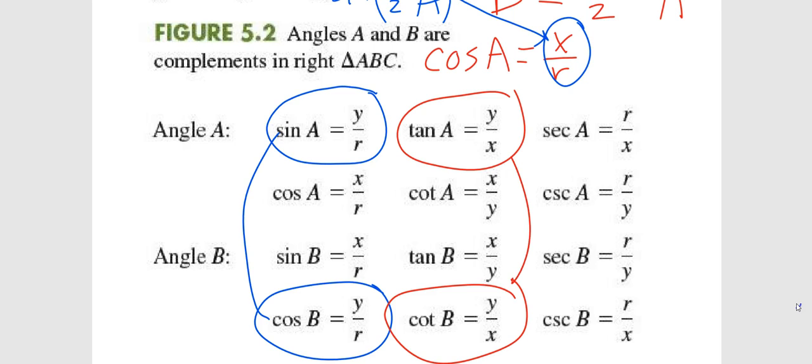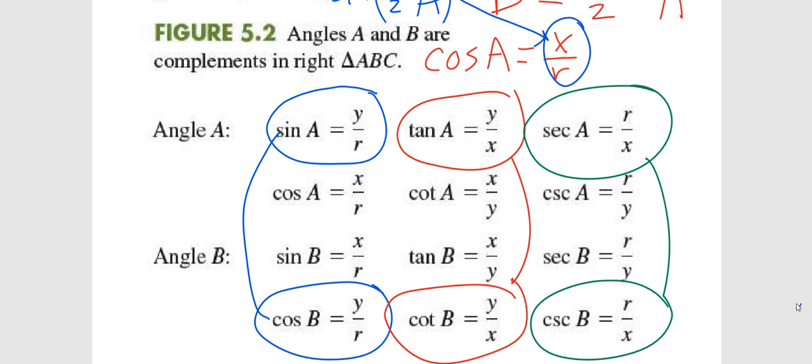See, they match. What about the secant of angle A? Doesn't that go with the cosecant of angle B? So there's a matching one all the way through here. If you know SOHCAHTOA and CHOSHIKAO, I'm pretty sure you'll be okay.